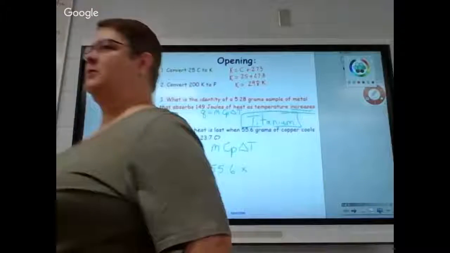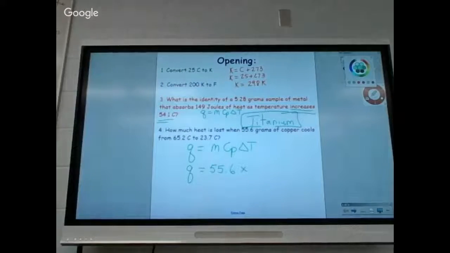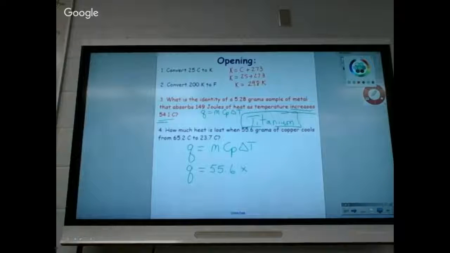So where are we going to get a specific heat? Solving for Q. What are we going to do, Ethan? That's not going to give us specific heat. What are we going to do, Priscilla? For specific heat?